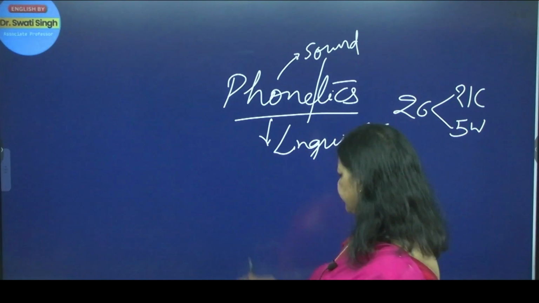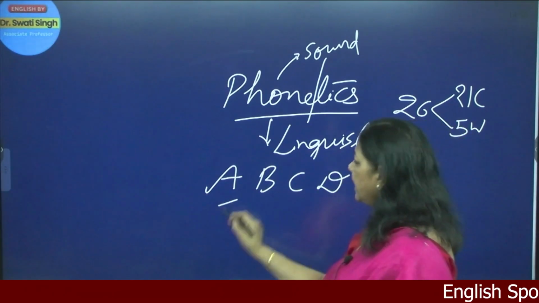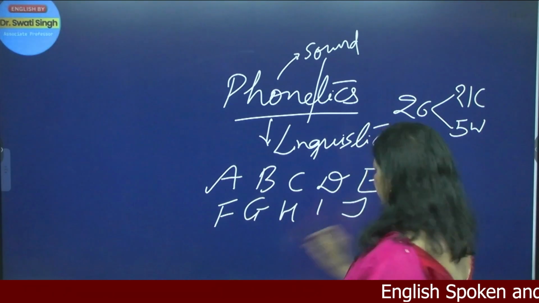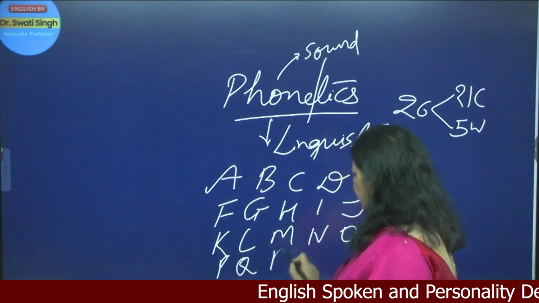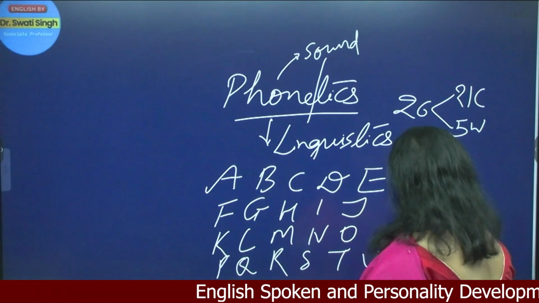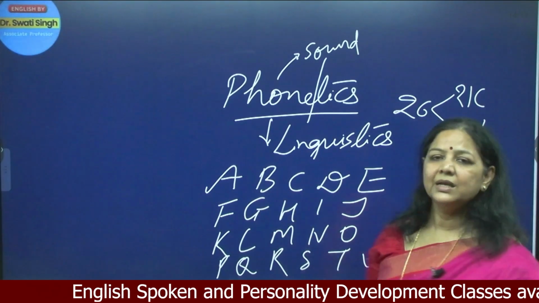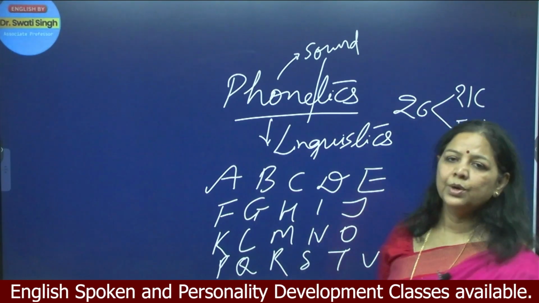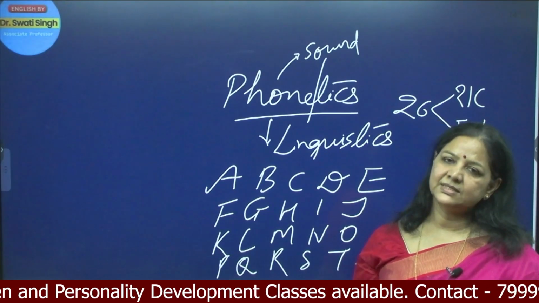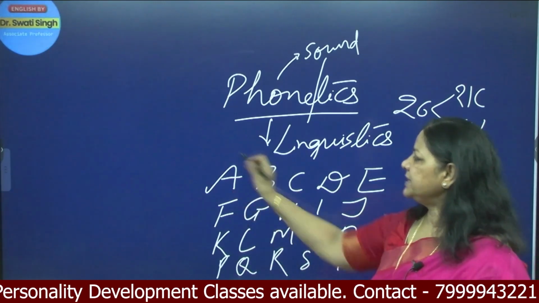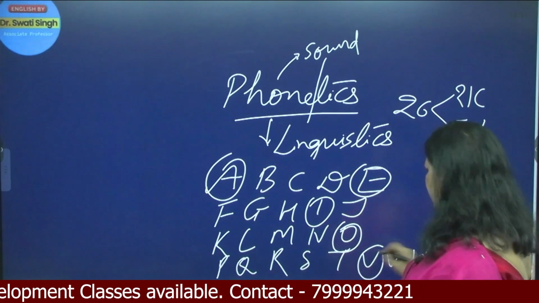For example, let us start with A, B, C, D, E, F, G, H, I, J, K, L, M, N, O, P, Q, R, S, T, U, V, W, X, Y, Z. You know that all 26 letters are divided into two categories: 21 consonants and 5 vowels. These are A, E, I, O, U, the 5 vowels.